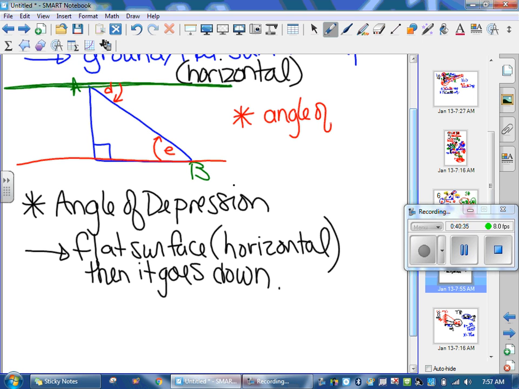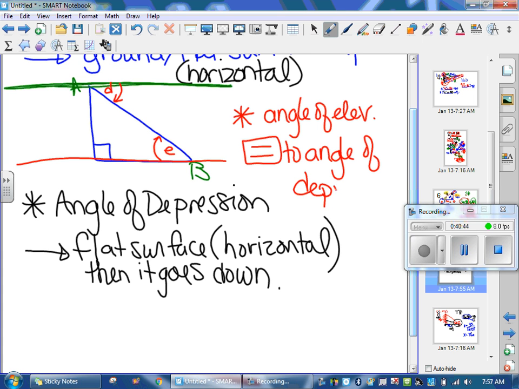So if they give you a question and they tell you the angle of depression, but you need to label the angle of elevation on your diagram, they're identical, so you're able to do so. For example, you could get a question about a submarine or a helicopter. So if I've got an example about a submarine, here's my water surface. My submarine's going to descend from the water, from the top of the water down.